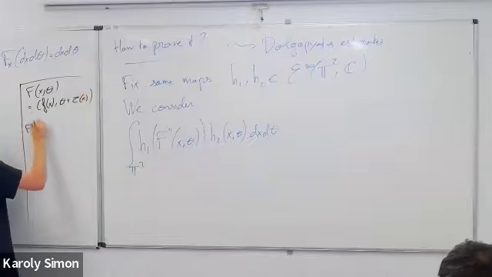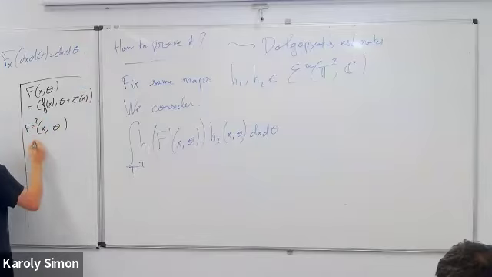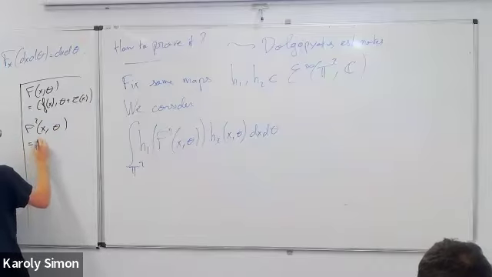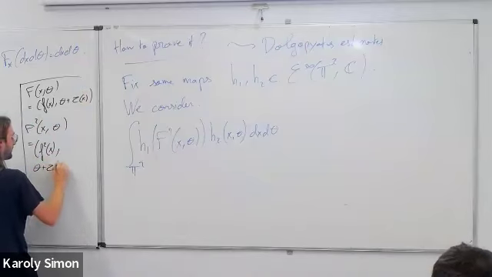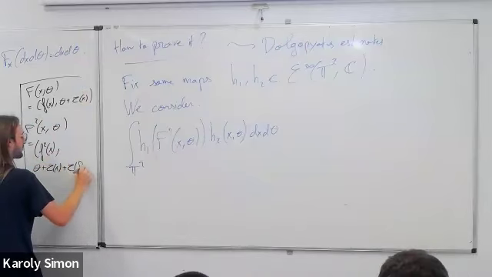And if you iterate 2 times, you see that we get f^2 of x, and here we will get theta plus tau of x plus tau of f of x.